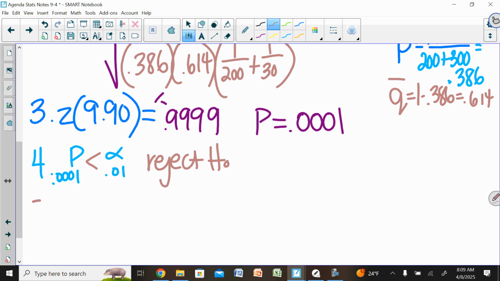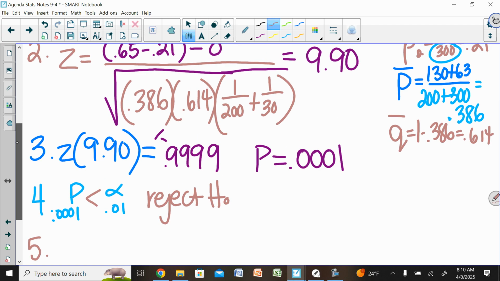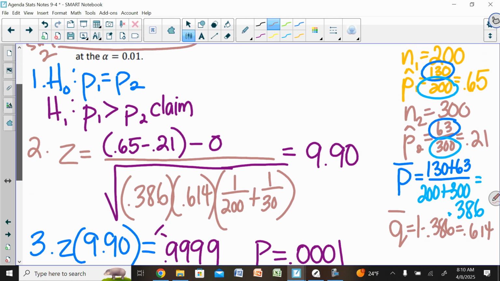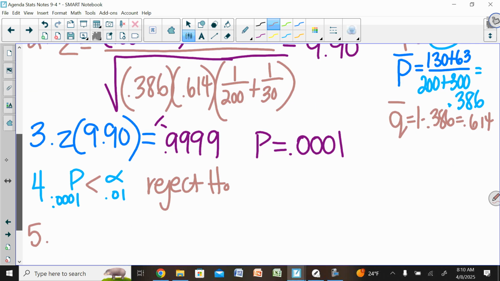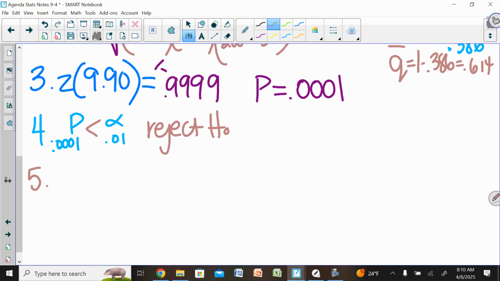Rejecting H sub 0, remember, means that I do not think that they're equal. So I would say something like, there is enough evidence to support the claim that men are more likely to use a seatbelt. And we can write that all in there and go from there. I won't take your time to do that.